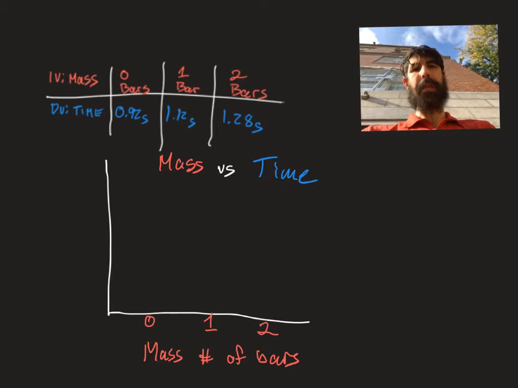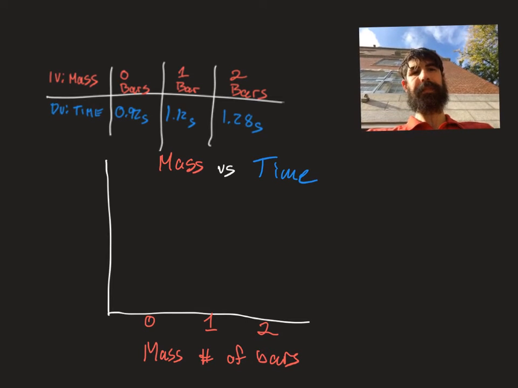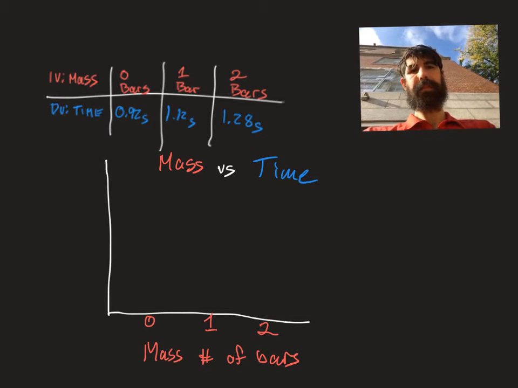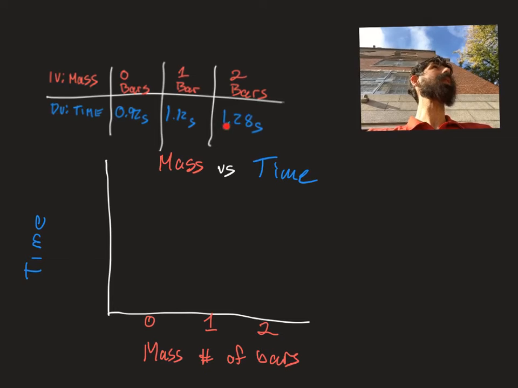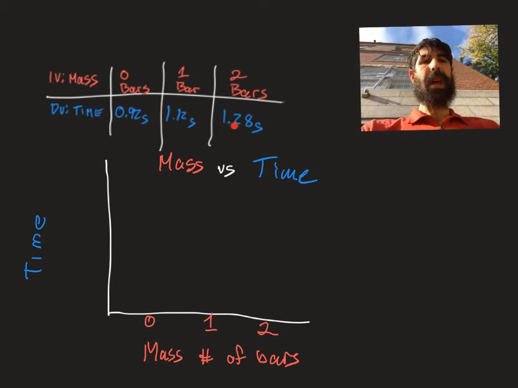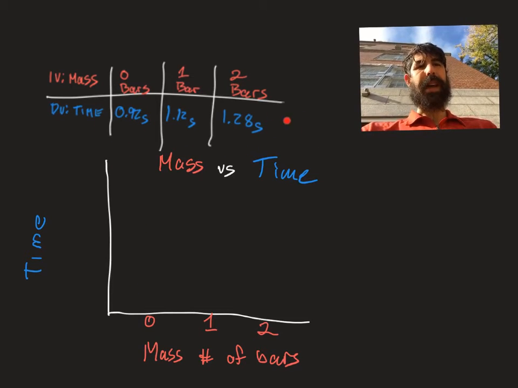Over here on the y-axis, I'm going to set up my time. And looking at this data, I know that it starts at 0.92 and it ends at 1.28. So I want to set up a range for this axis that includes all of my values.